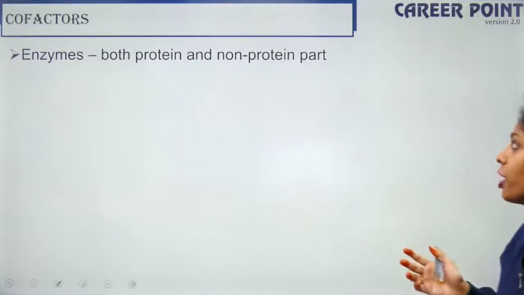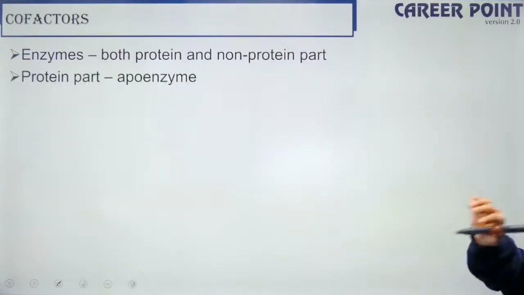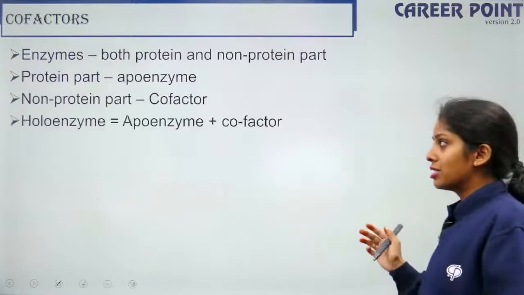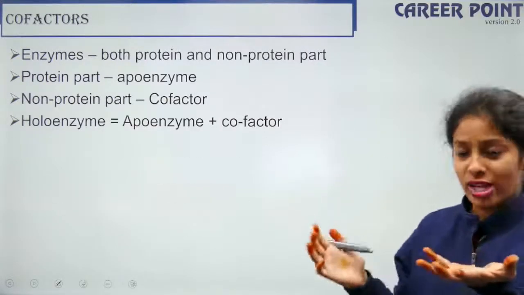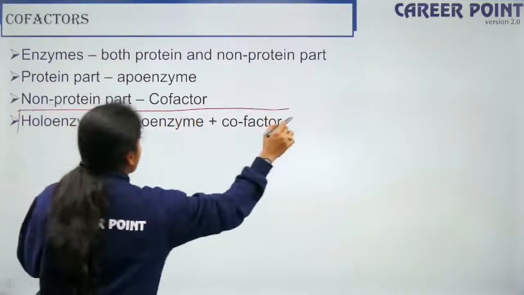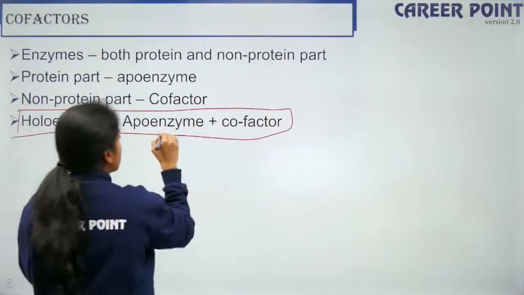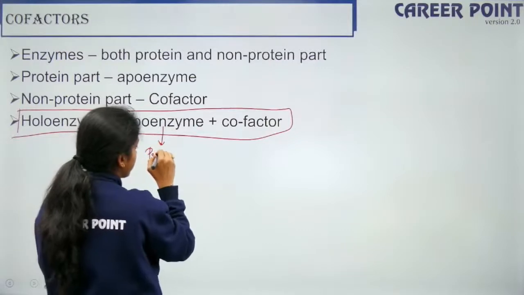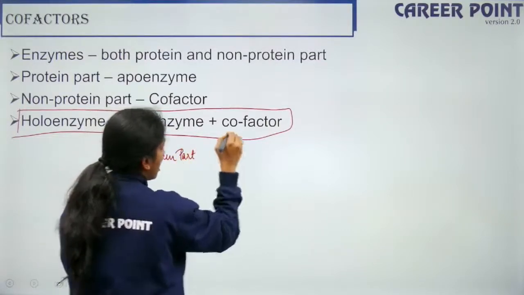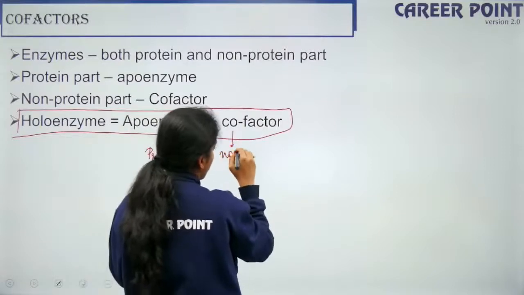The protein part of the enzyme is called apoenzyme, the non-protein part is called the cofactor, and the whole enzyme is the holoenzyme. So holoenzyme is equal to apoenzyme plus cofactor. Apoenzyme is the protein part and cofactor is the non-protein part.